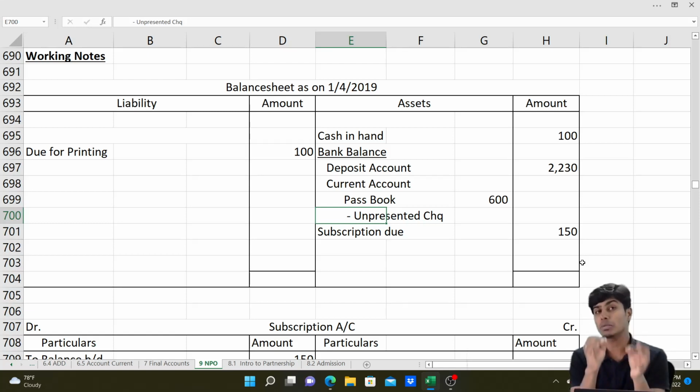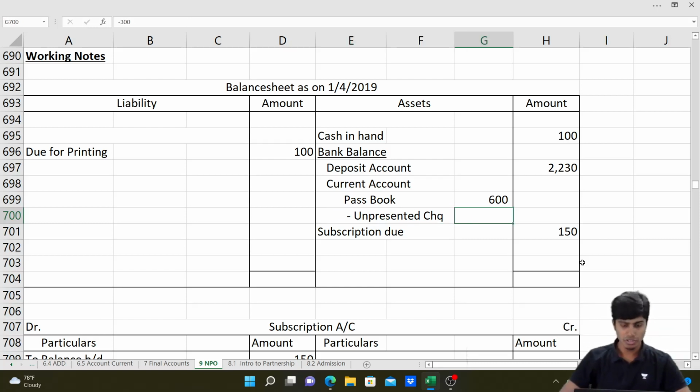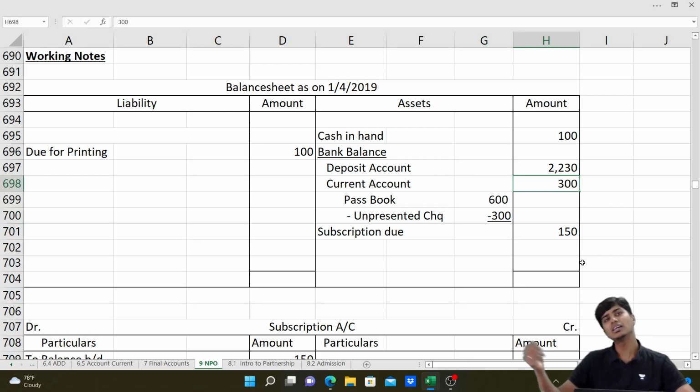The entry is not made because we took passbook balance and not cash book balance. So to move from passbook balance to cash book balance, I need to enter this payment. How much? 300. Once you deduct 300, the current account balance will become 300. Tada! This is the item requiring adjustment.